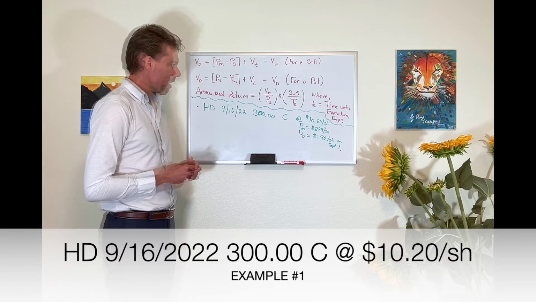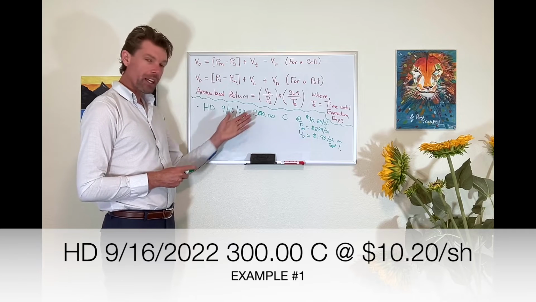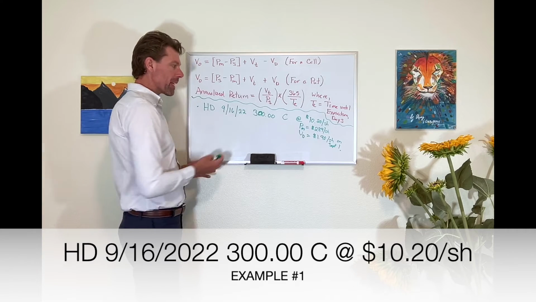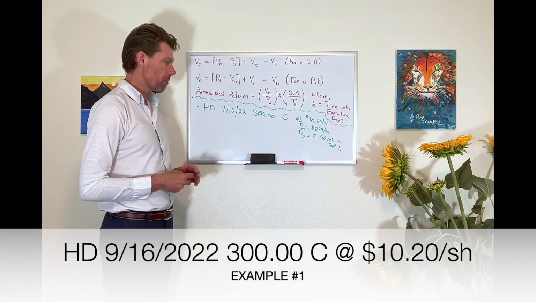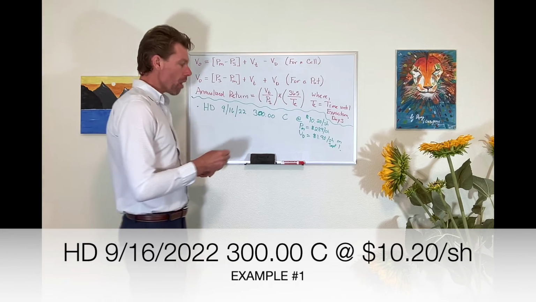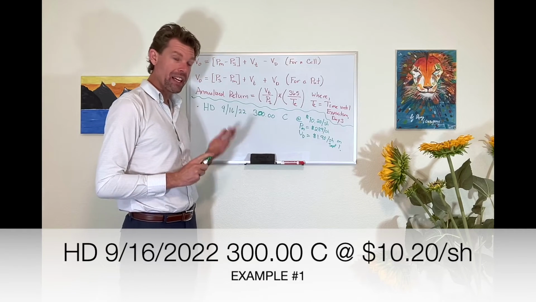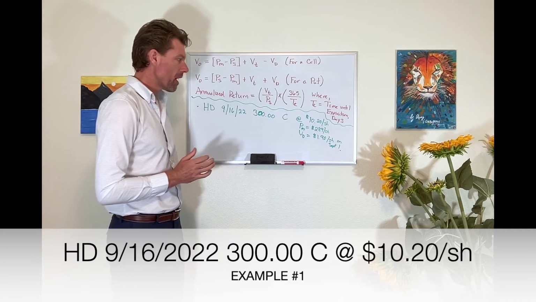This contract has true intrinsic value if the market price is above $300, which is the exercisable strike price. However, the contract is trading for $10.20 right now. I looked this up just recently.